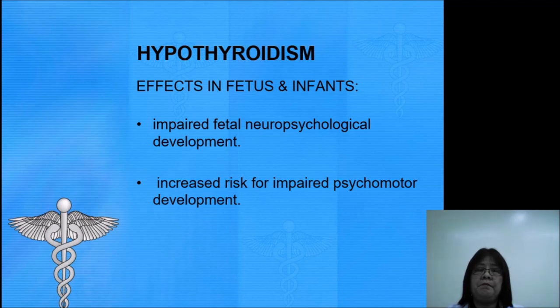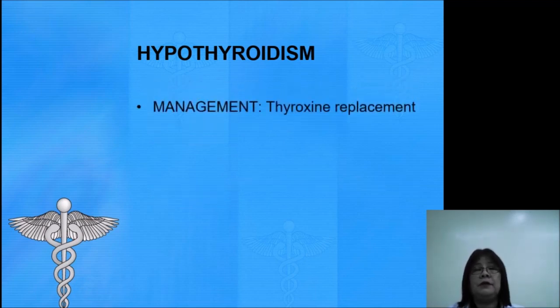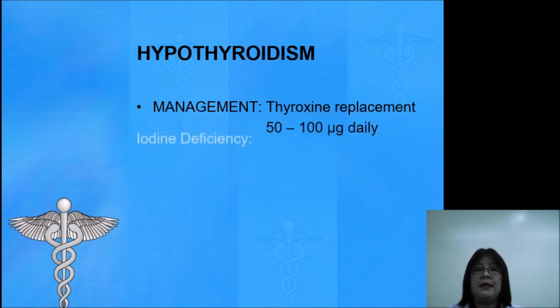So if your mother is hypothyroid, the baby will present with impaired fetal neuropsychological development and impaired psychomotor development. So the effects will be on the brain of the baby. So how are we going to manage? The management is to give thyroxine replacement therapy at 50 to 100 micrograms daily.